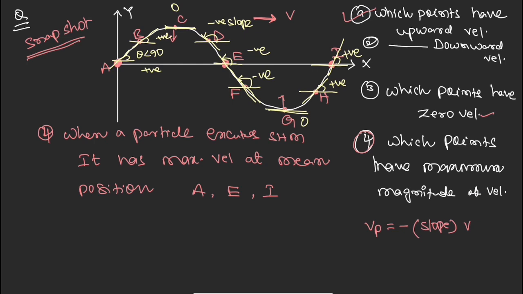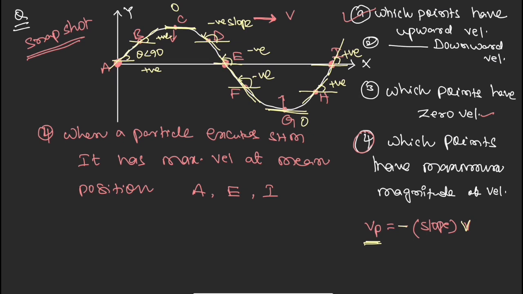Now, if you want to know about particle velocity, it is the negative of the slope of the wave. If it has negative slope, the particle has positive velocity. Positive means upward direction. Negative means downward direction.